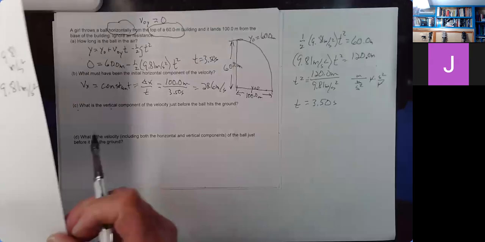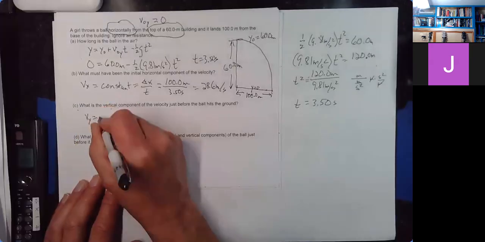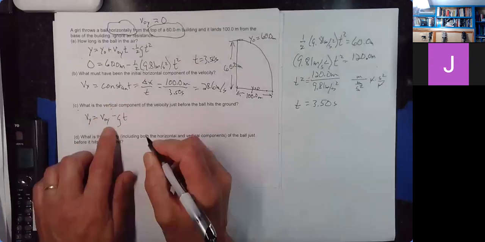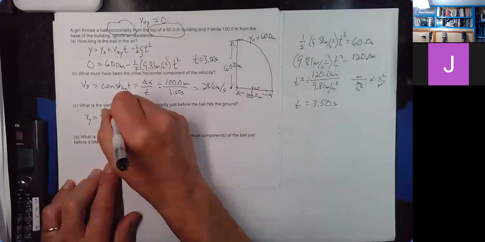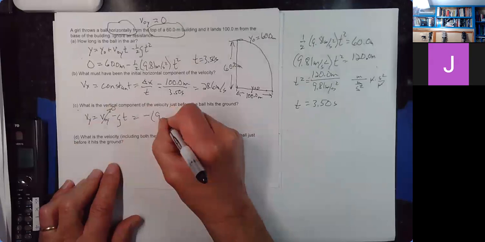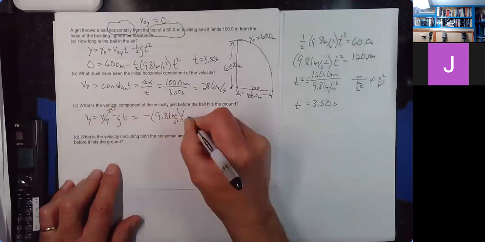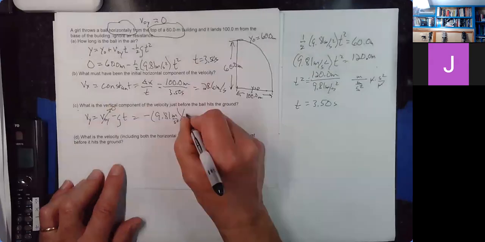So v sub y will equal v naught y minus gt, but v naught y is 0. So this is just going to be minus 9.81 meters per second squared times 3.50 seconds.